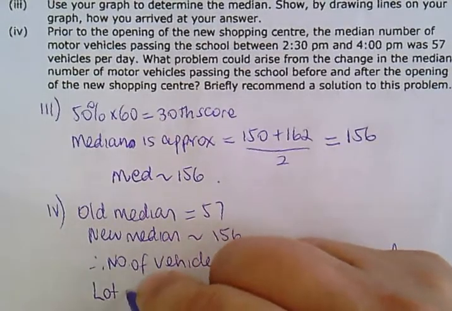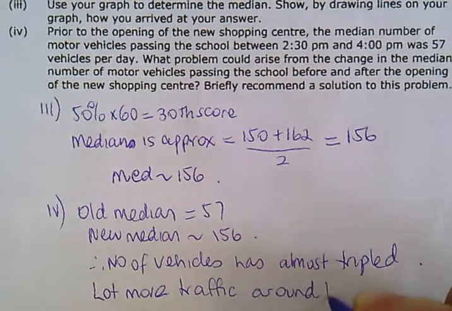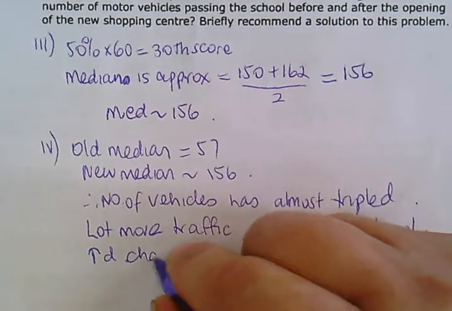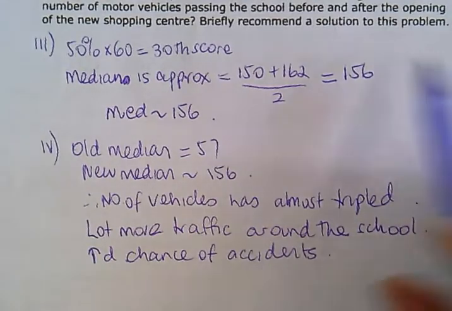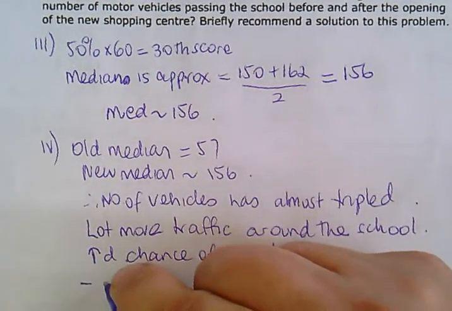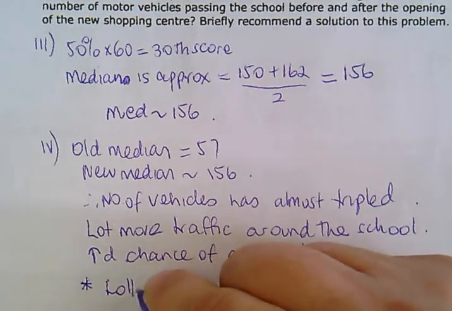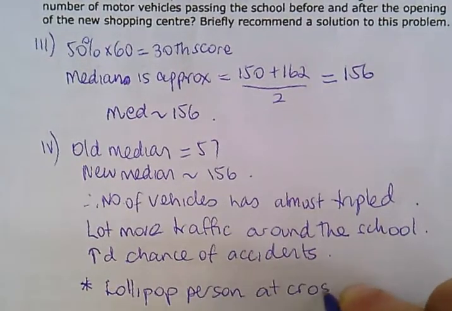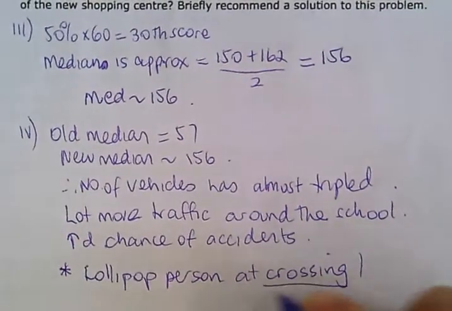It'll be a lot more traffic around the school. That's quite dangerous for students, an increased chance of accidents, really. And so a solution to this problem, hopefully there already is, there could be a lollipop person, maybe at a crossing, just to make sure that there is a crossing.